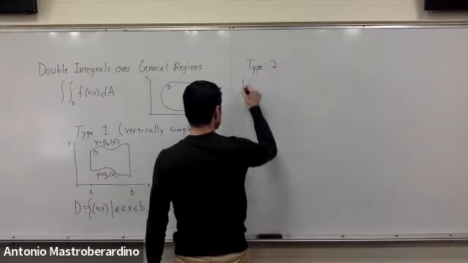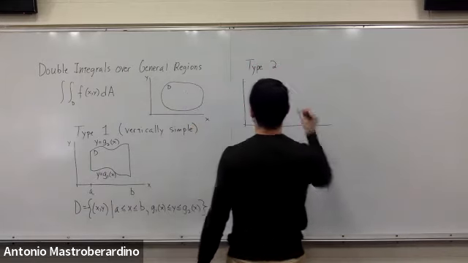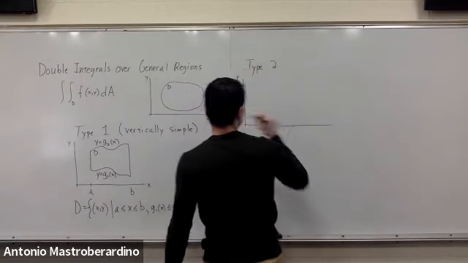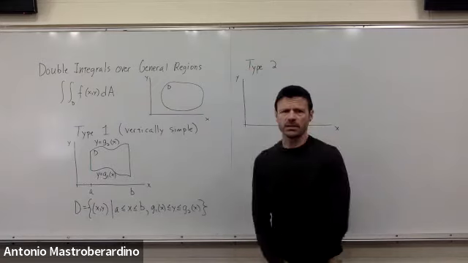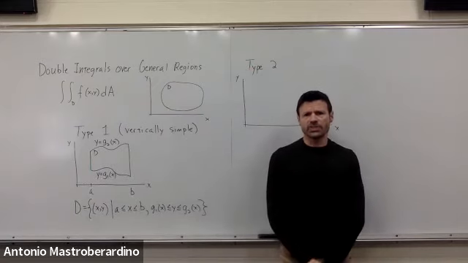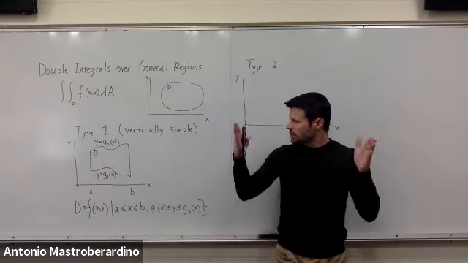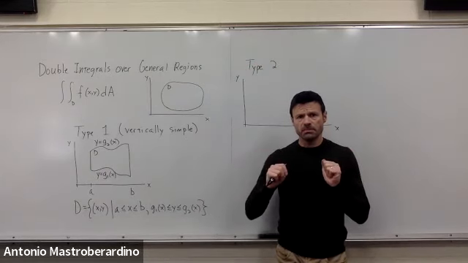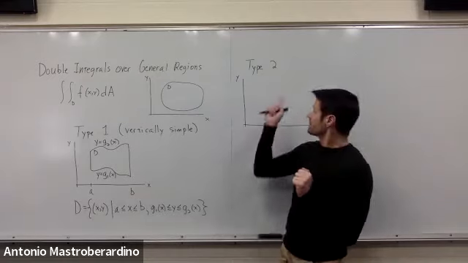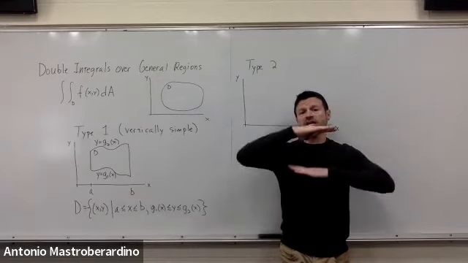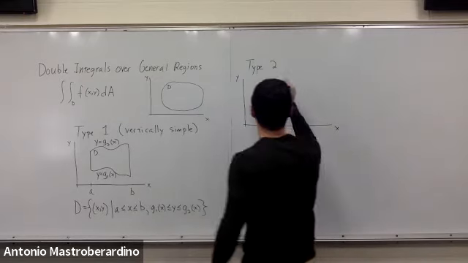Okay, so for a type 2 region, remember I said these type 1 and type 2 regions are kind of like having half of those conditions of a rectangle. So for the type 1 region, we had two vertical line segments forming parts of the boundary. For the type 2 region, we have two horizontal line segments forming part of the boundary.